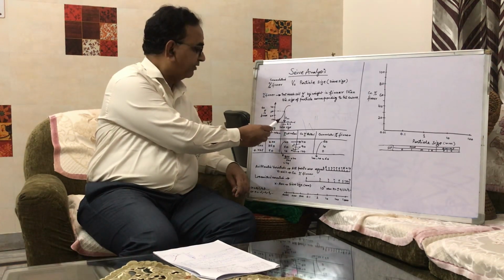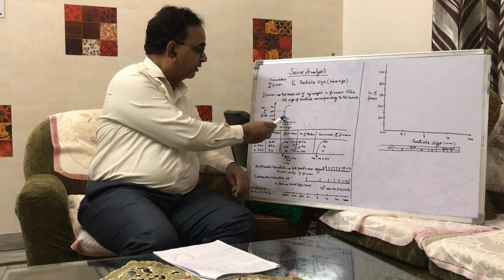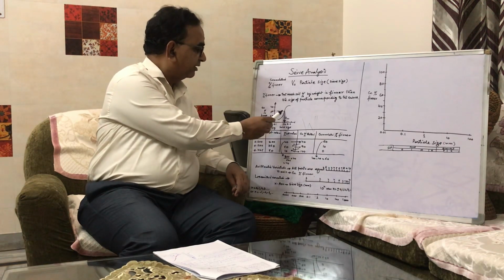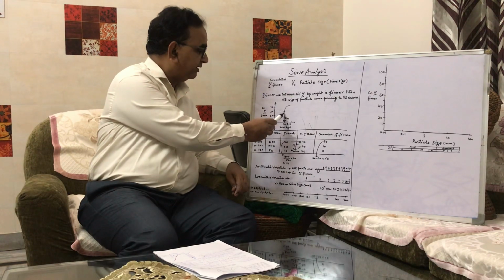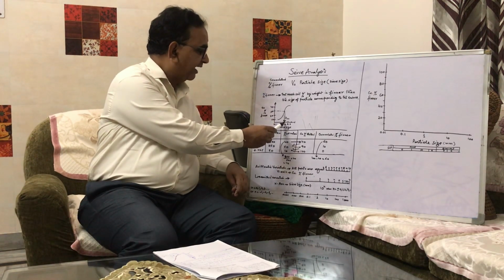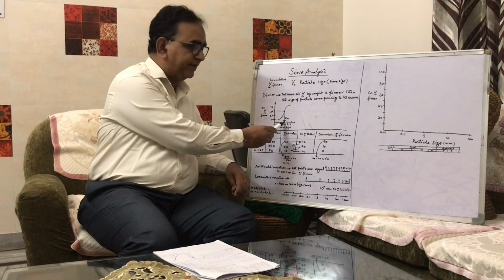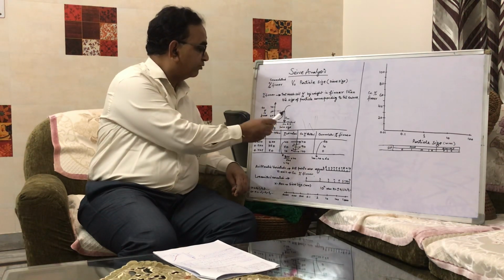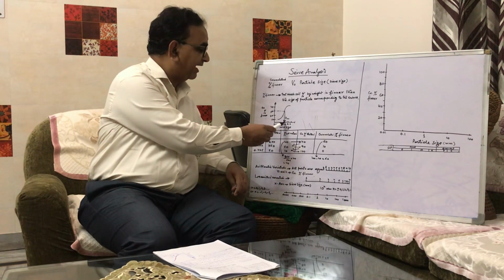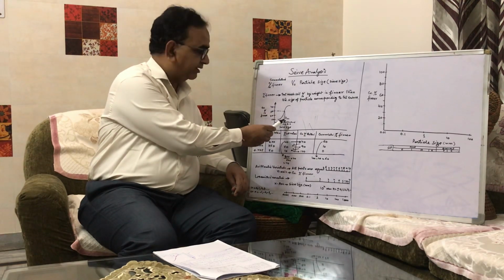Now 30% finer means that, corresponding to the curve, this diameter or size of the particle has 30% of that soil's particles smaller than that particular diameter.